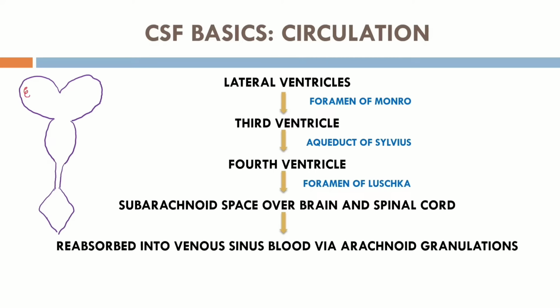Choroid plexus at the two lateral ventricles, third ventricle, as well as the fourth ventricle are there. CSF is being produced from all these choroid plexuses. Now what happens?